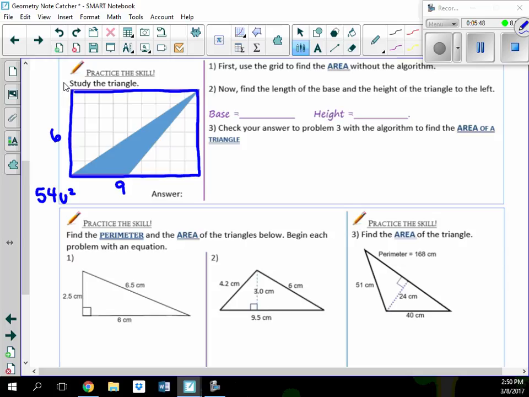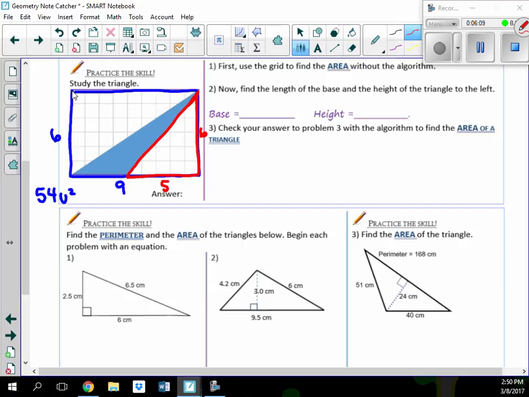So I'm going to start by finding the area of this triangle right here. The triangle there is 5 by 6. It has a base of 5 and a height of 6.